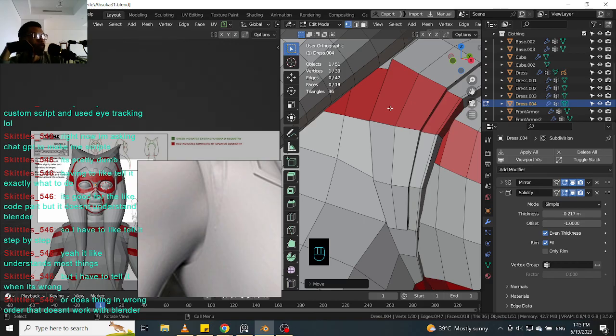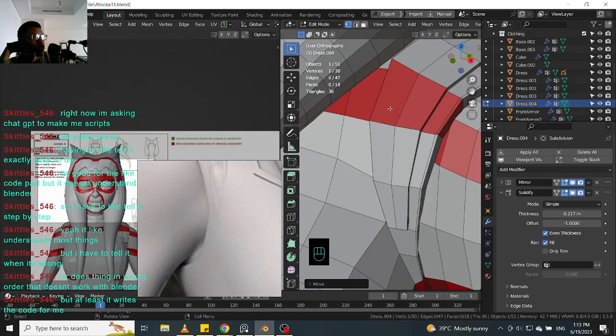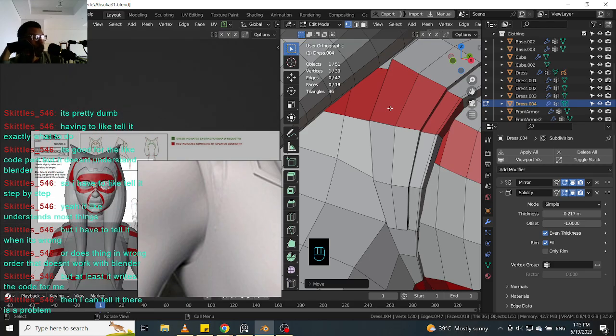Yeah, it's like understanding most things, but I have to tell it when it's wrong or does things in the wrong order. That doesn't work with Blender. At least it writes the code for me, then I tell it where there's a problem.